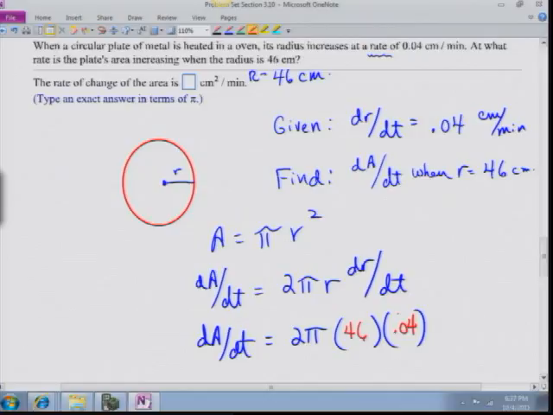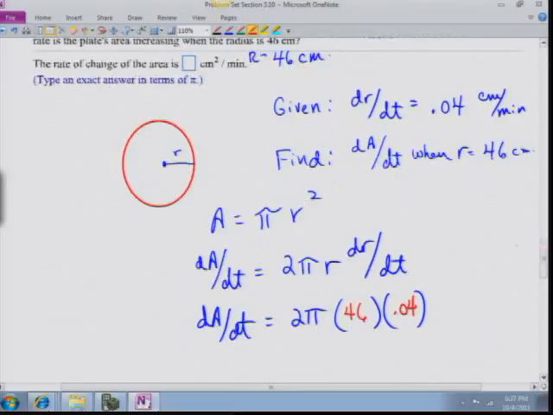When you read the question, you want to be sure and read the parentheses instructions. Type an exact answer. If it's exact, you leave pi in the answer. You don't substitute the pi key. You don't use 3.14. Don't substitute anything for pi. Leave pi as part of your answer.